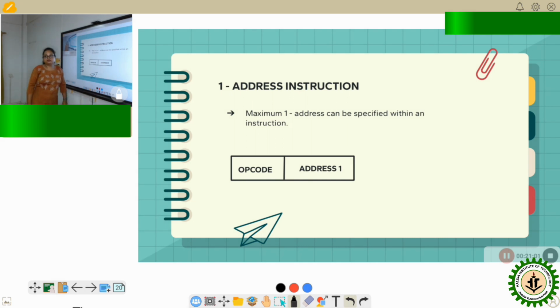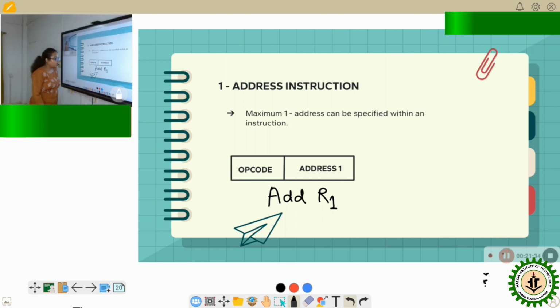Then, in the next lecture we will do the one address instruction. In a one address instruction, maximum one address can be specified within an instruction. One is the opcode, another is address 1. Suppose I am adding R1, so only one address is there.